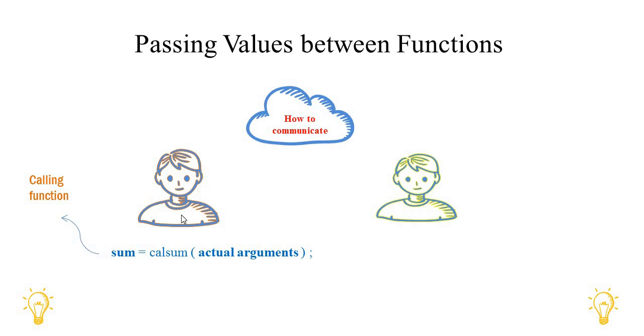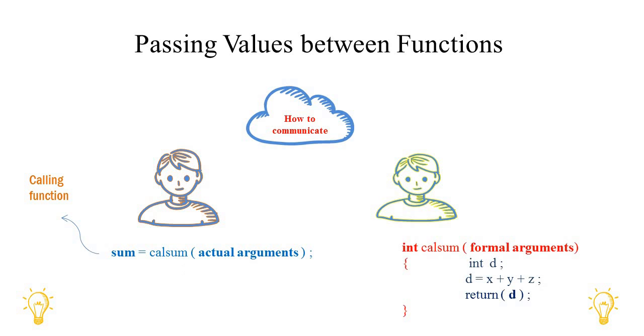For example, in the previous video I explained a user defined function to calculate the sum of given numbers. This statement is part of that particular program, and you can see this is the function calling. Over here the function call is made, but where is the actual function?